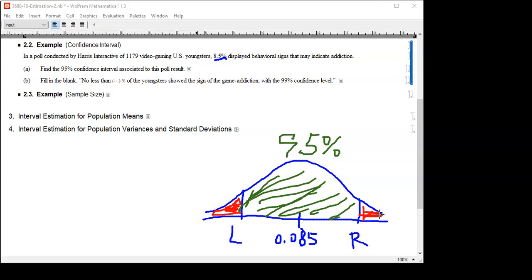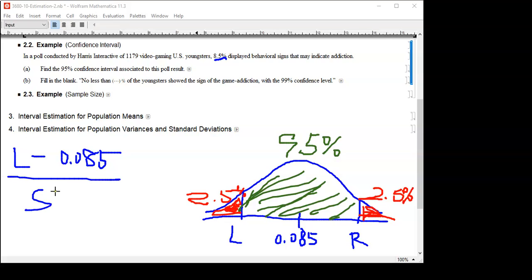But we have symmetry here, so this is going to be 2.5%. And this is going to be 2.5%. And then, as usual, we have to use end minus center over SE is the z-score. And that's the strategy.